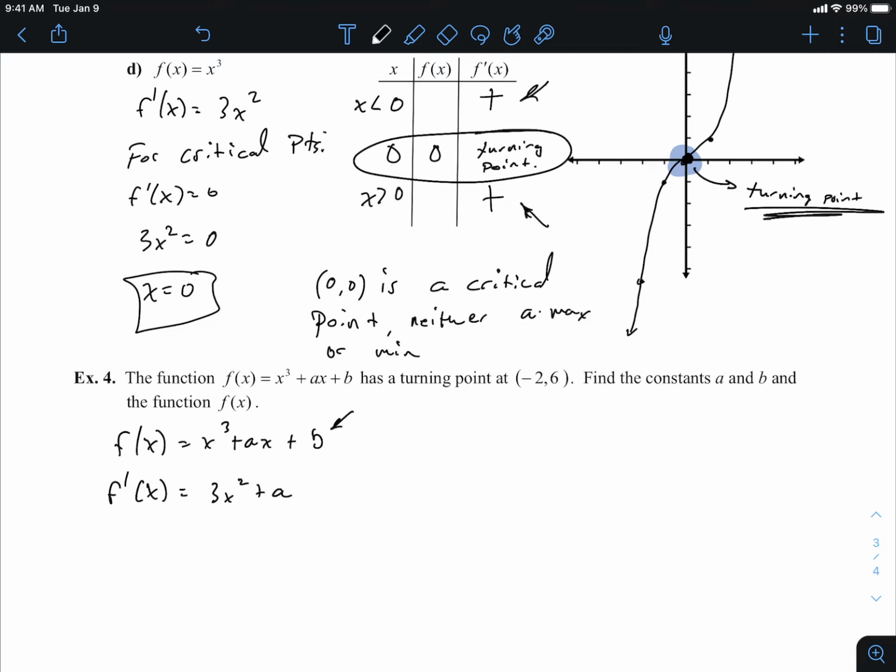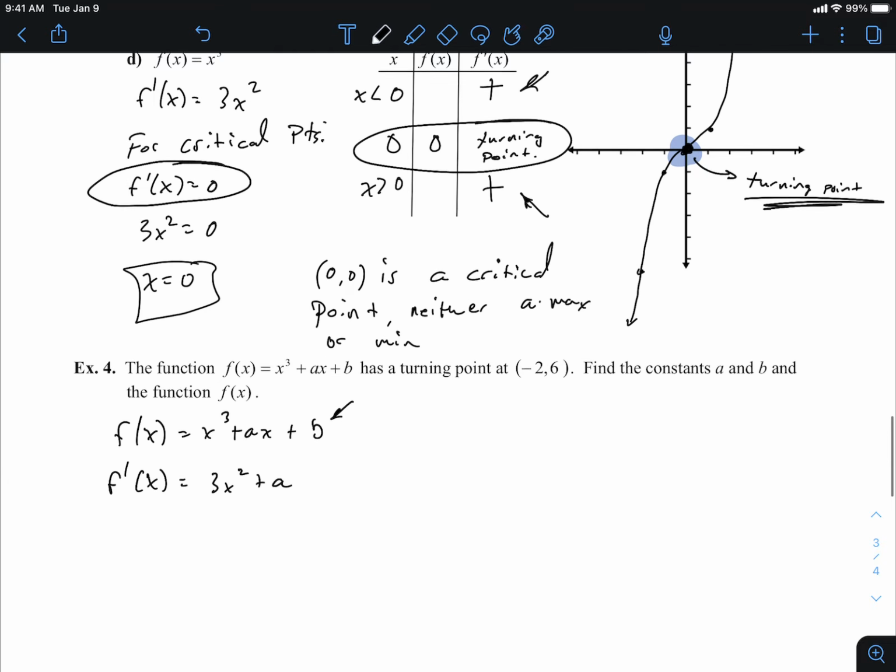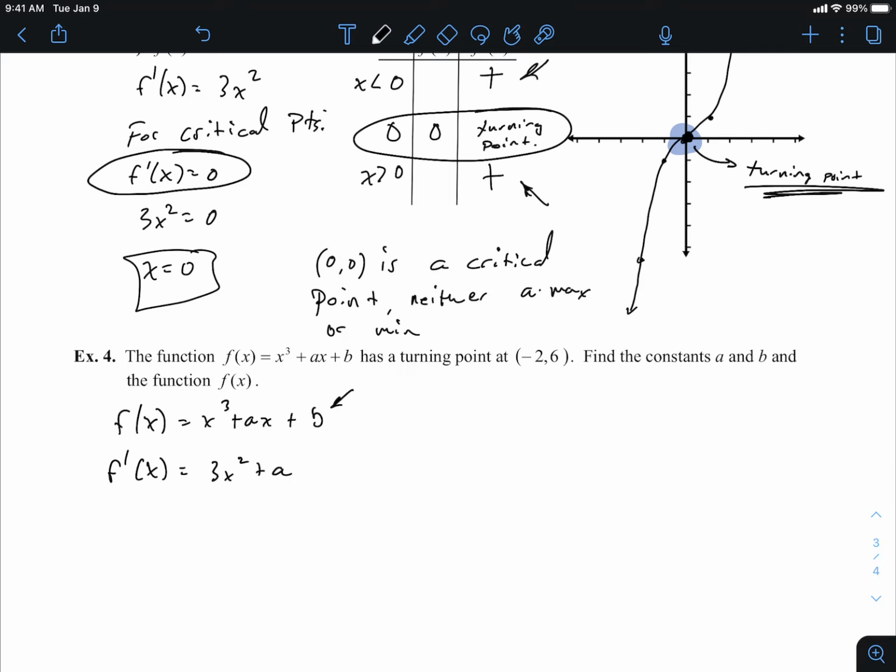It still came out of the fact that we set the derivative equal to 0, so we still have that in our back pocket as a tool. So we know at this turning point, f prime of x is equal to 0. The derivative is equal to 0 there.